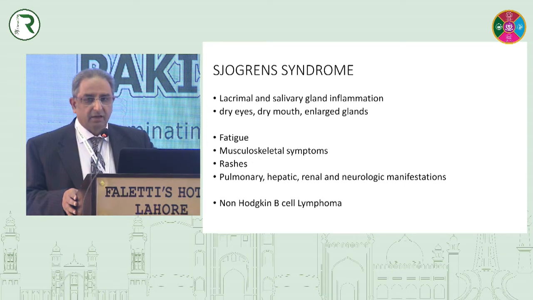The other cardinal symptoms are fatigue and musculoskeletal symptoms like arthralgias or even arthritis, sometimes cutaneous manifestations like rashes or vasculitis, and then major organ involvement in lung, liver, kidneys, or CNS. And there is an association with increased risk of non-Hodgkin lymphoma.